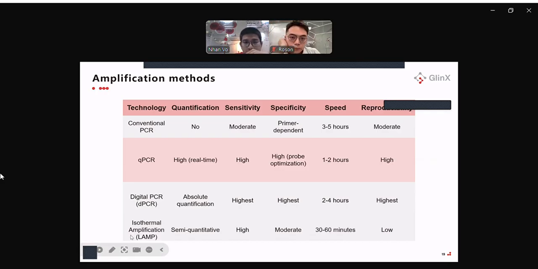LAMP is one of this kind of method. From the quantification perspective, the conventional PCR is not a quantification method. Do you remember that? Have you ever seen this kind of method within the lab of your school, the conventional method?